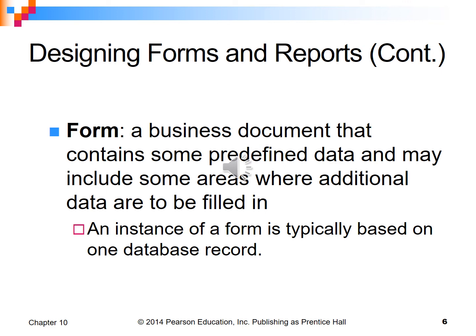By filling this in, we call this an active thing. It's not passive like the report. The report is a passive document, but here it is an active document, so you have to react to it. When you see the name, you have to put the name. When you see the age, you have to put the age. So it has some predefined data.